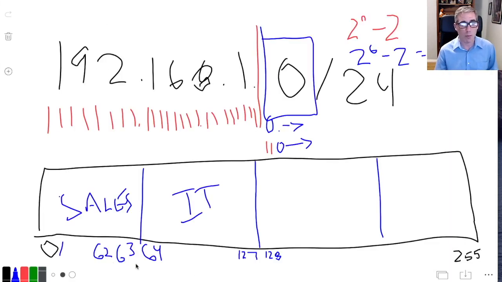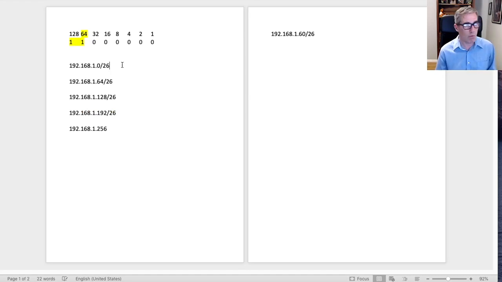Going back to our whiteboard, the first network is 0. The broadcast address is 63, and then our first usable is 1 and our last usable is 62. So back here, that's what we write down. This is our network, then we'll do first, last, and broadcast.